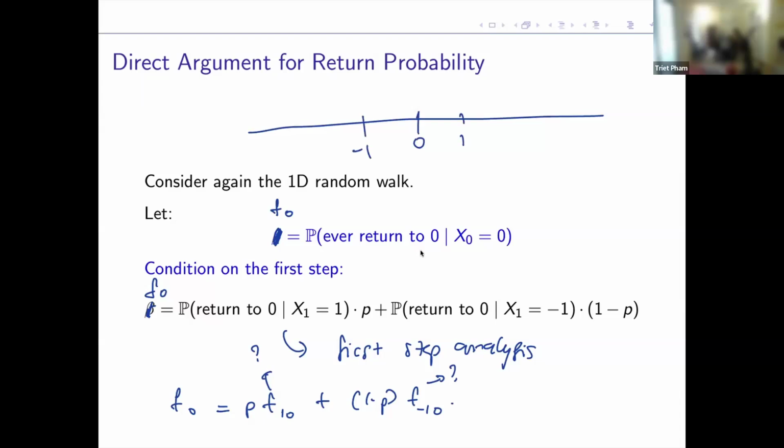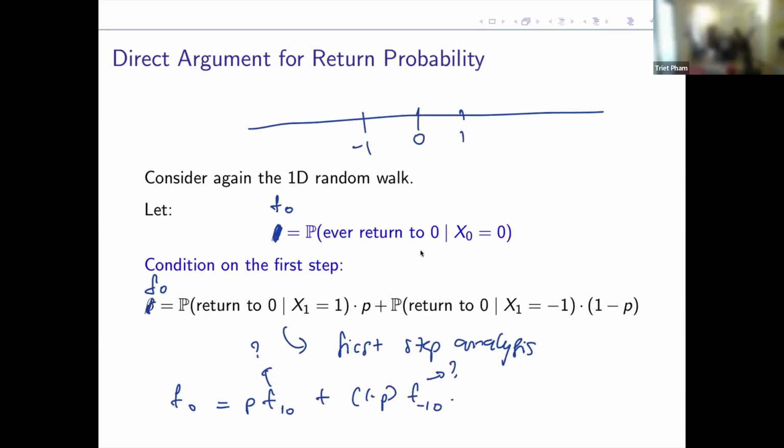What you're saying is if I go from 0 to 1 with probability P, then I will look at the return back to 0 from 1. Okay, fine. But if you are at 1, you can either go to 2 or you return to 0, and same with -1.